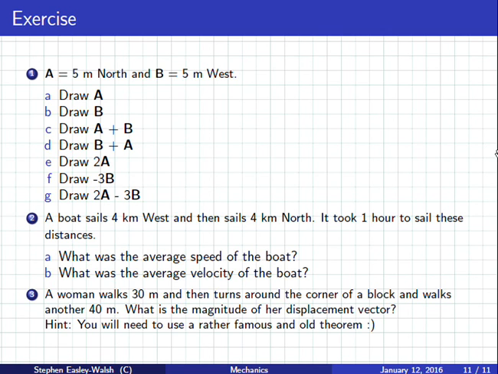Can I answer 5.65 steps due northwest? Yeah, yeah.